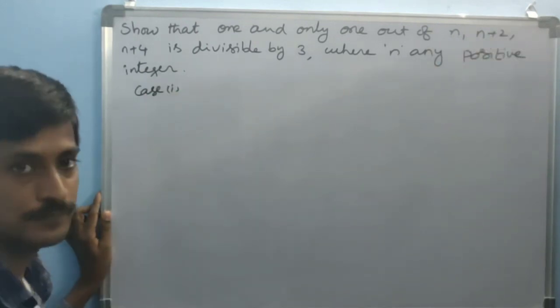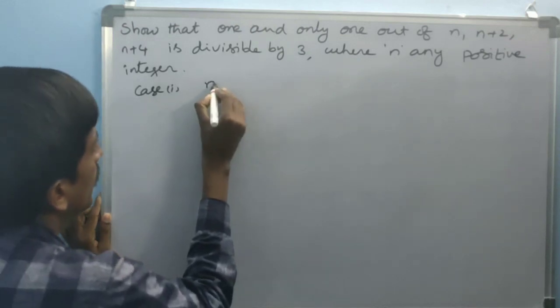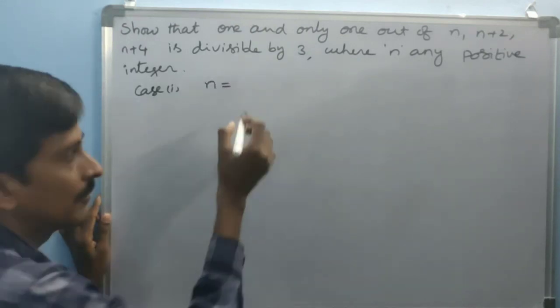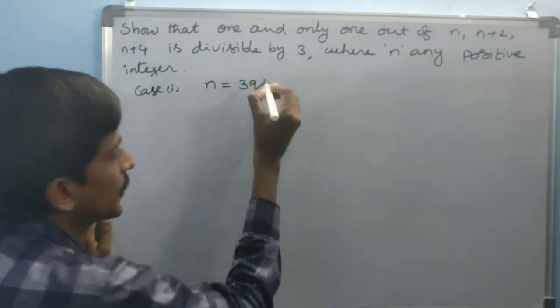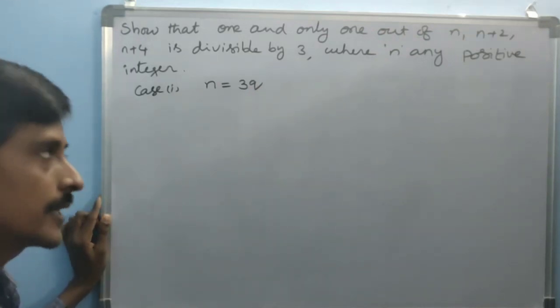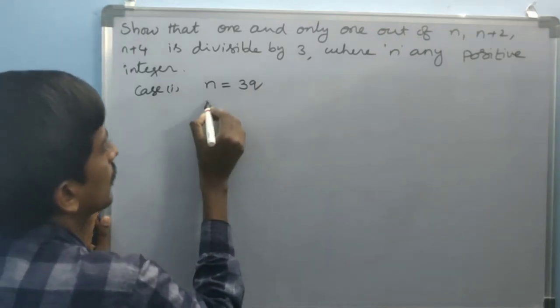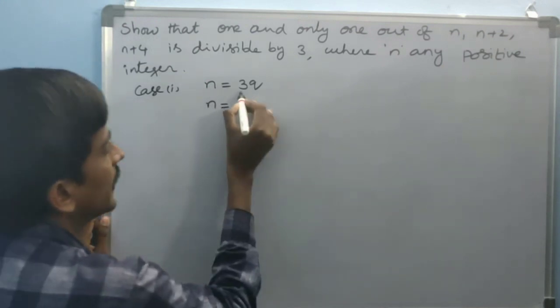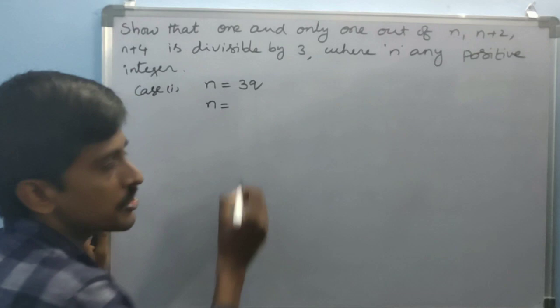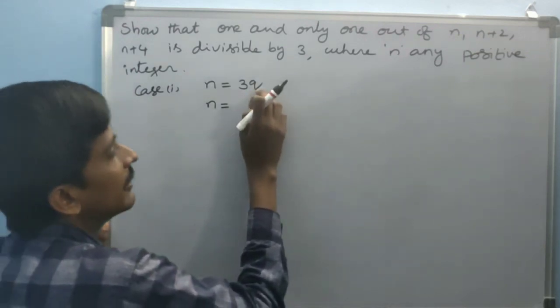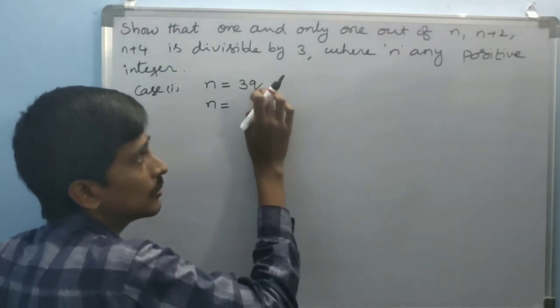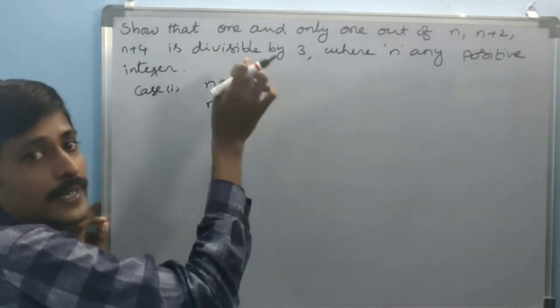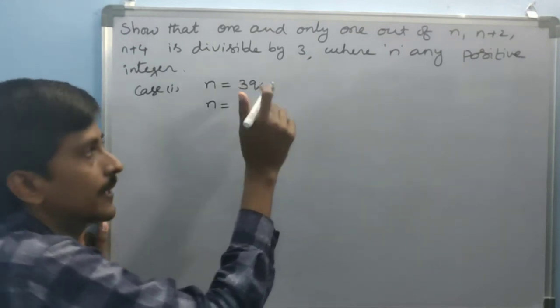Case 1. n equals 3q. Is 3q divisible by 3 or not? If anyone takes any value in the place of q, it is divisible by 3.